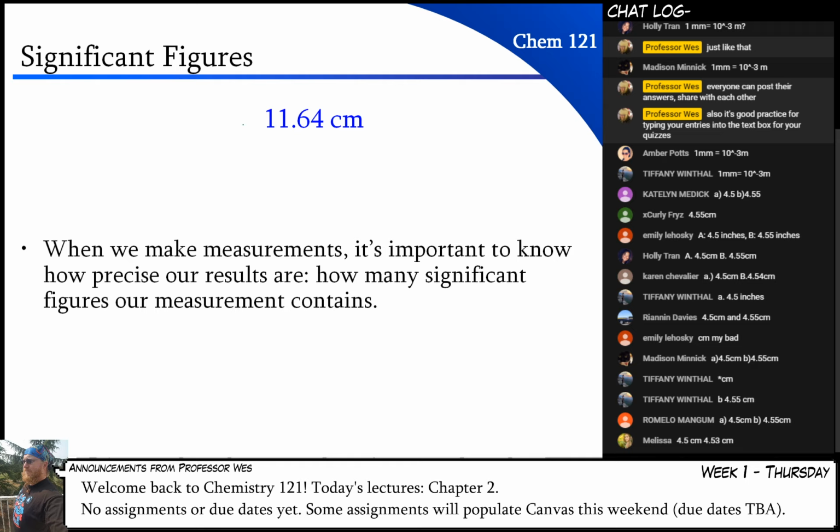What could you conclude about this? Well, if you remember that the numbers that you know you write down for sure, and then the last one is the one you guess, then that means that the tool that's used would measure to every 0.1 centimeters. And so you could then guess to the 0.01.